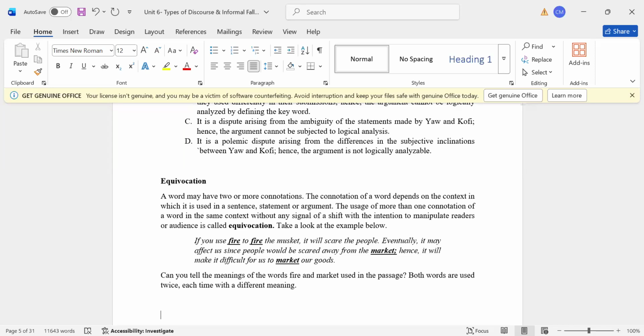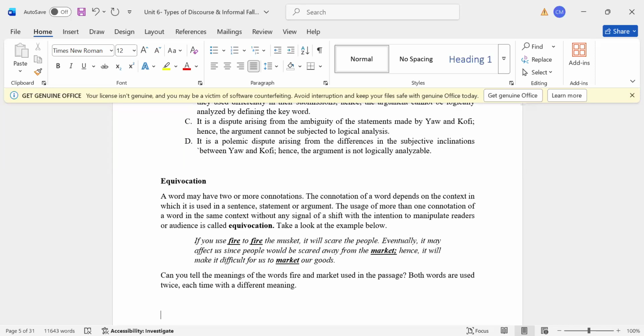So we have equivocation. Equivocation is not a dispute to the one engaged in the writing or in the conversation, but it is a dispute arising in the mind of the one reading it. A disagreement, a misunderstanding of the meaning of the word.